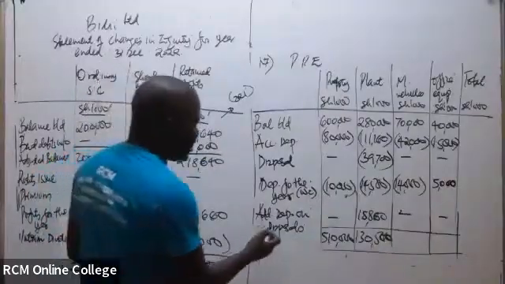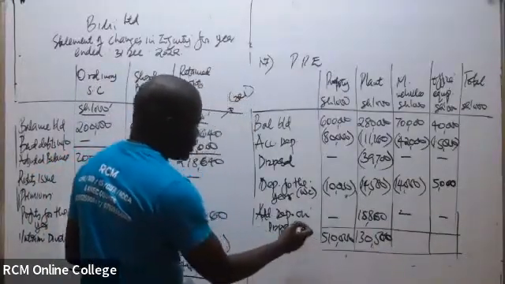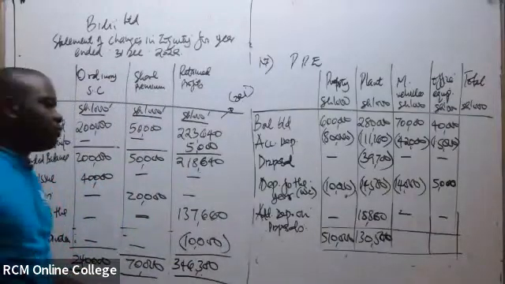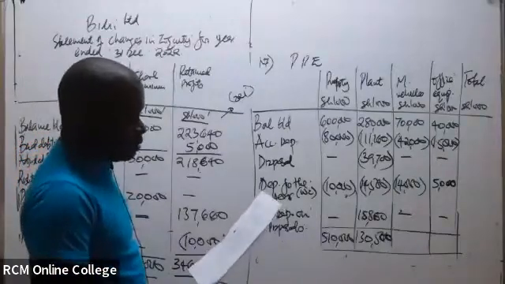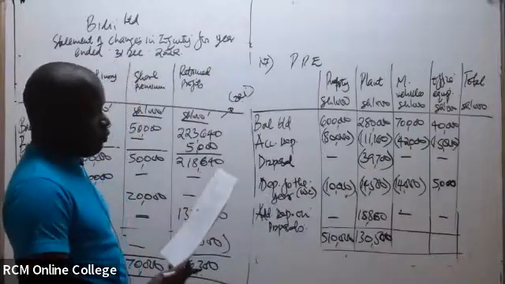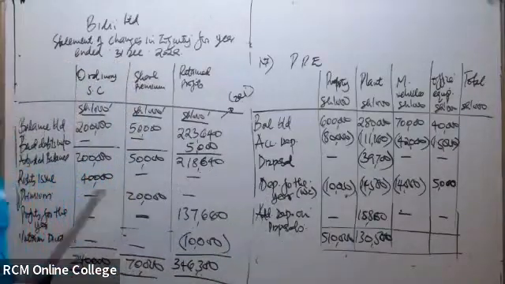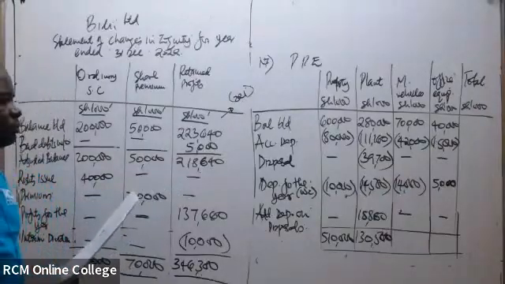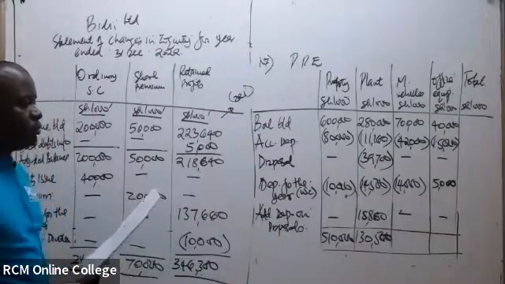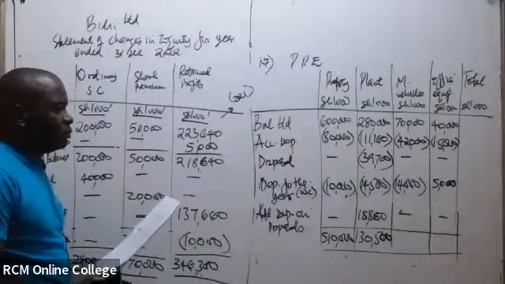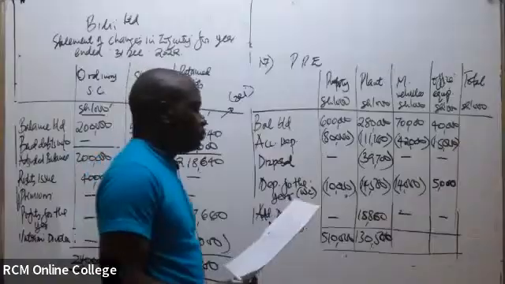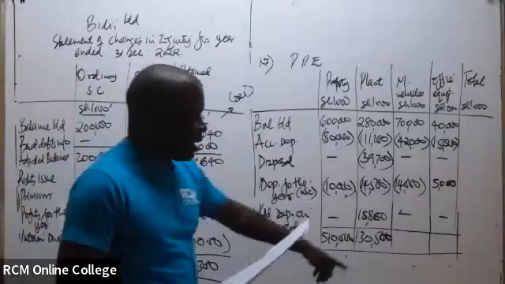But we have to add back depreciation on any item which had been disposed of. So you'll get 135,500. What about this one?